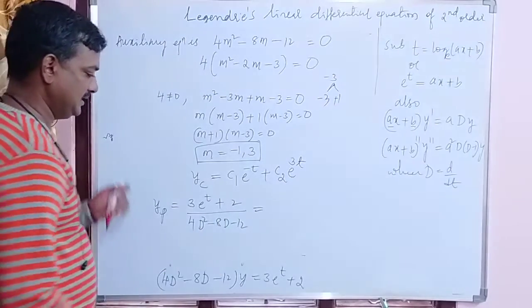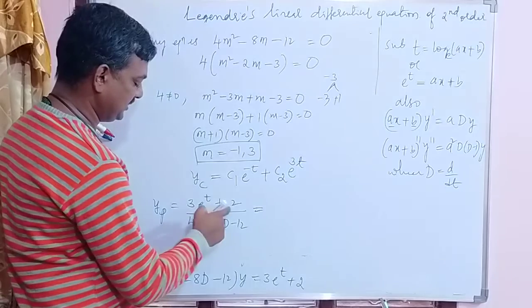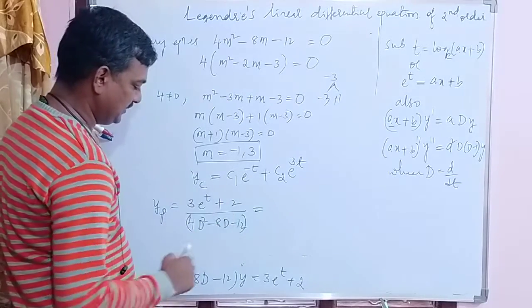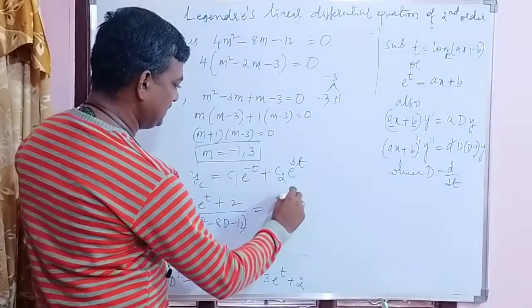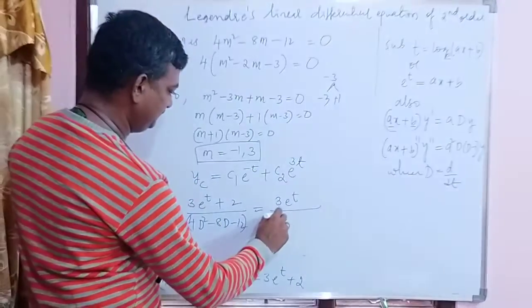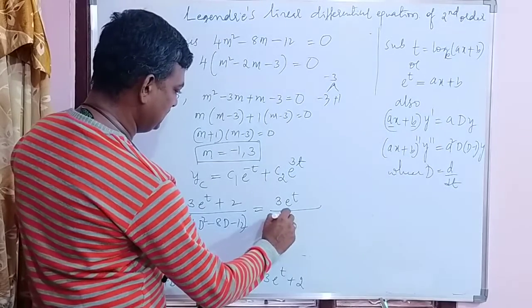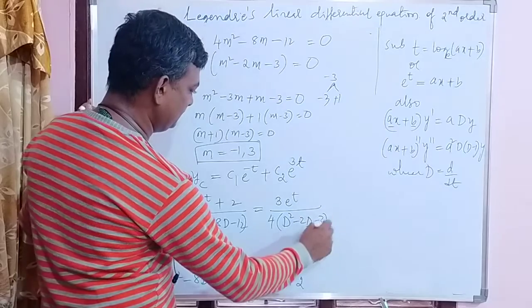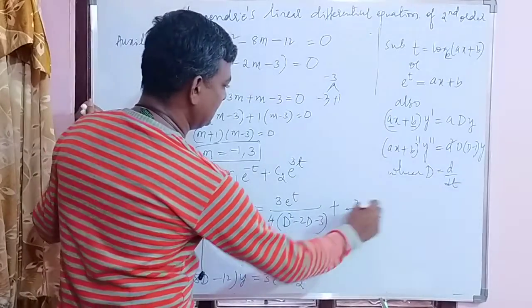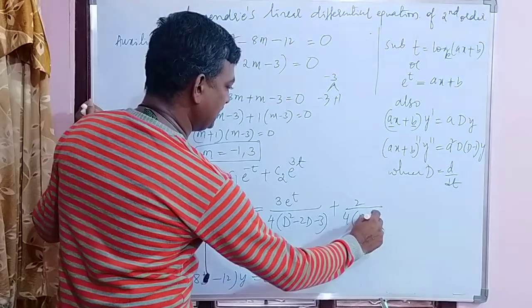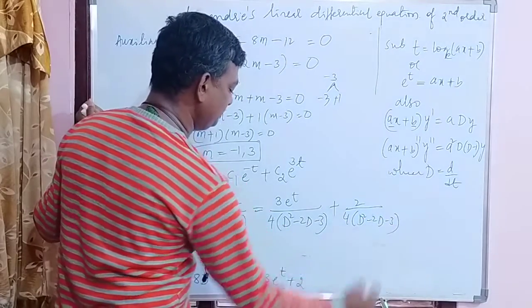Further this can be written as, the numerator is a sum of two terms divided by a function of d, so it can be written separately, which is 3 e raised to t divided by, we will take 4 common here, d square minus 2d minus 3, plus 2 divided by 4 times d square minus 2d minus 3.